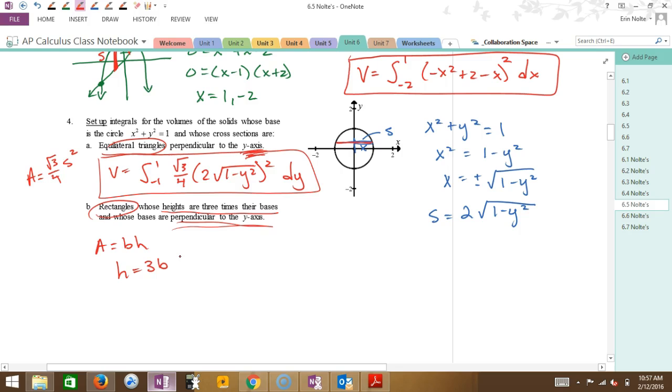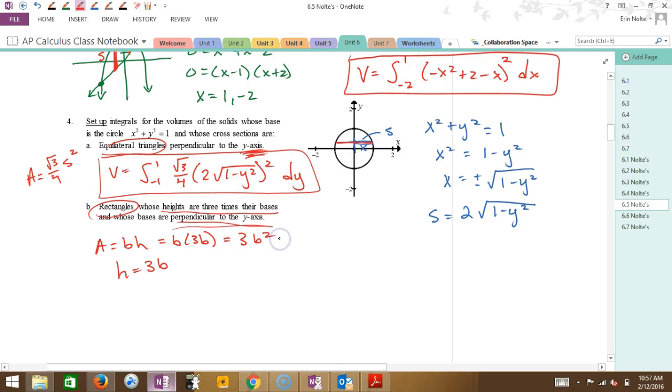If I was going to plug the h into the equation that I have up here, I would have b times 3b, which is the same as 3b squared.